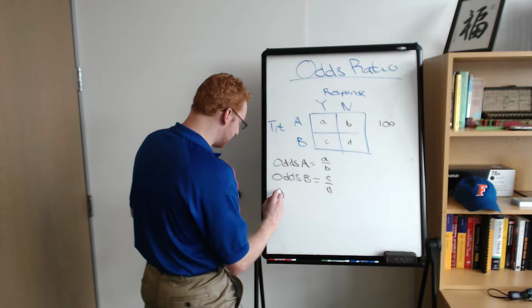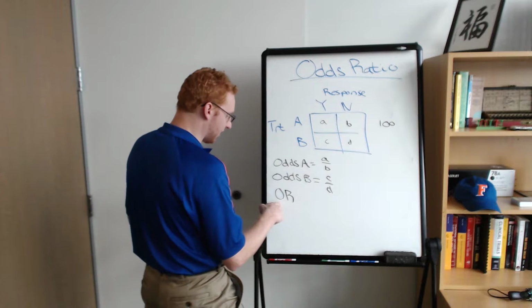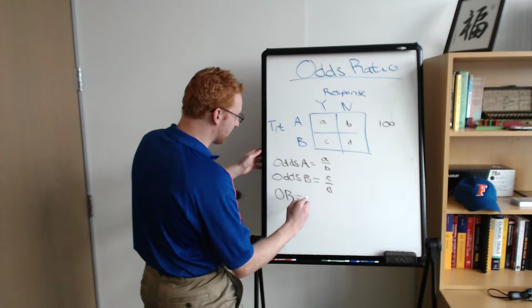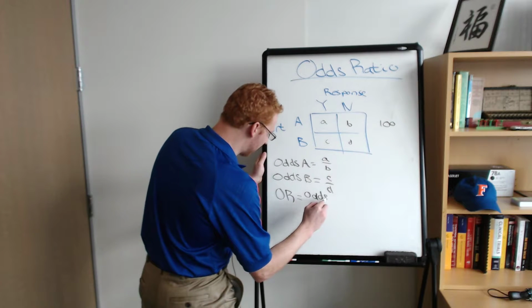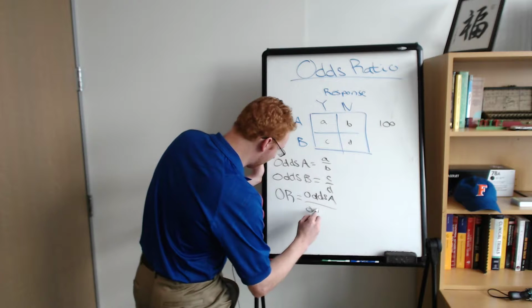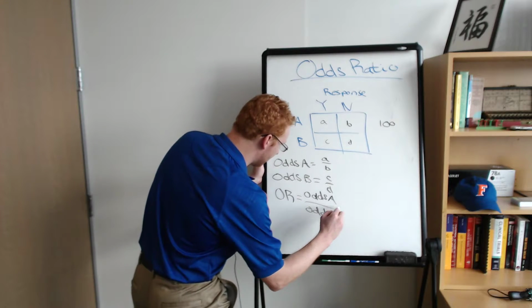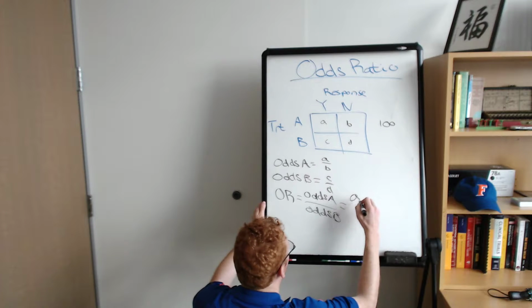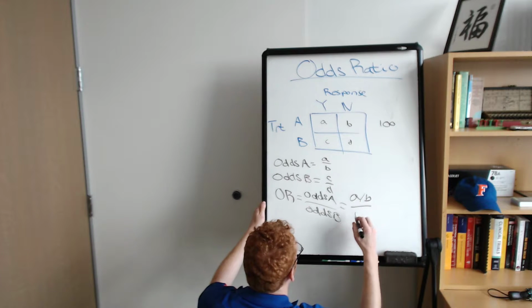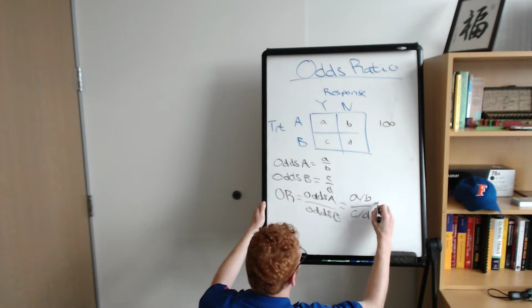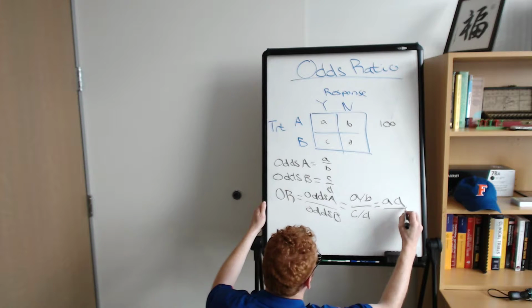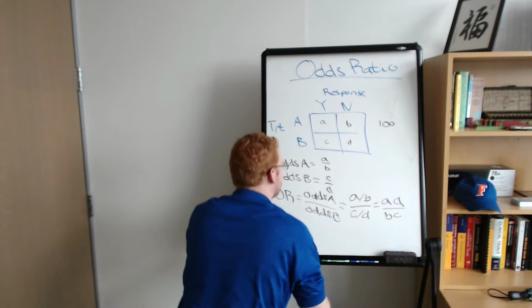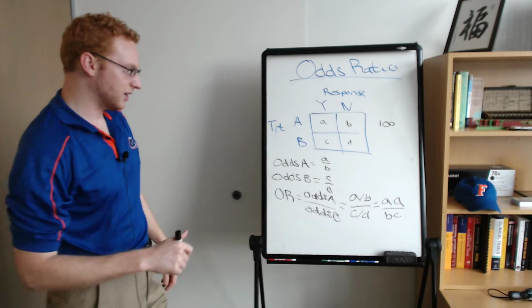So it's usually denoted by OR for odds ratio, which equals odds of A divided by odds of B, which equals A divided by B over C divided by D. So that's how you calculate the odds ratio.